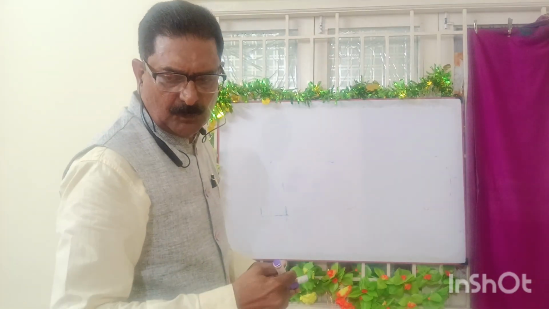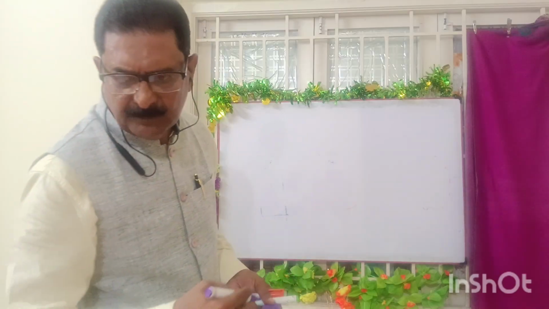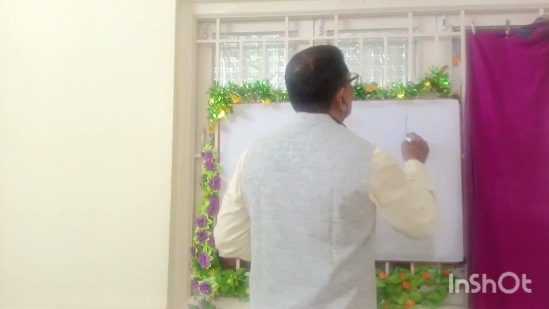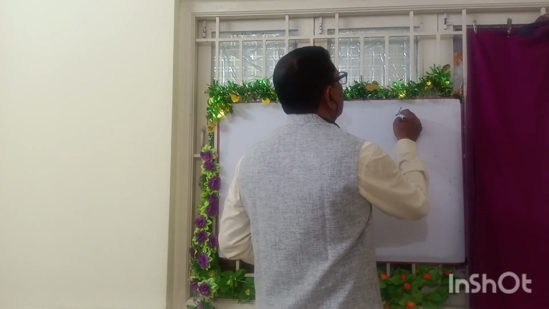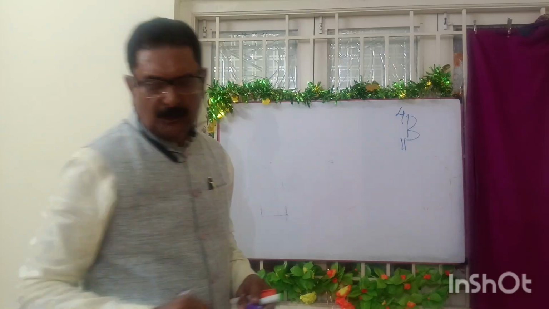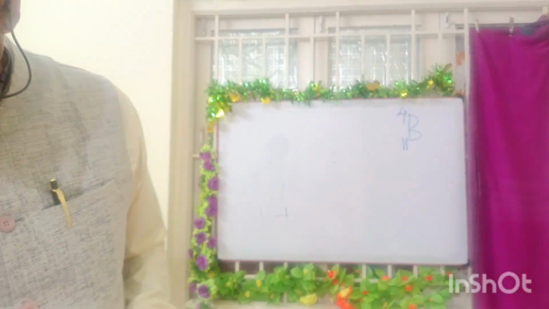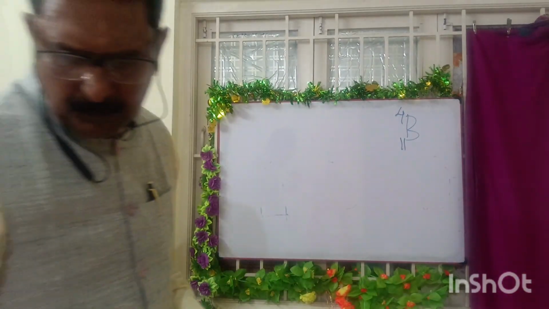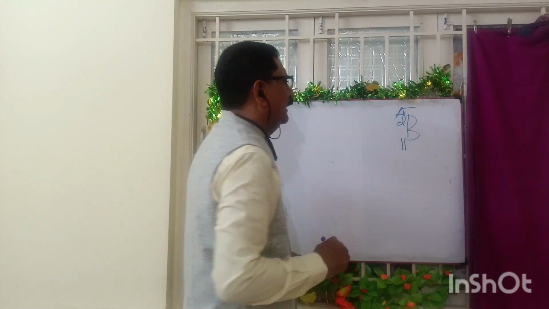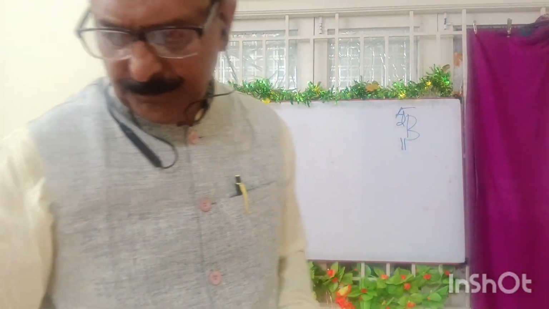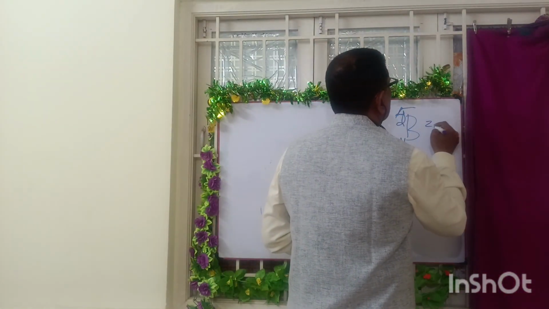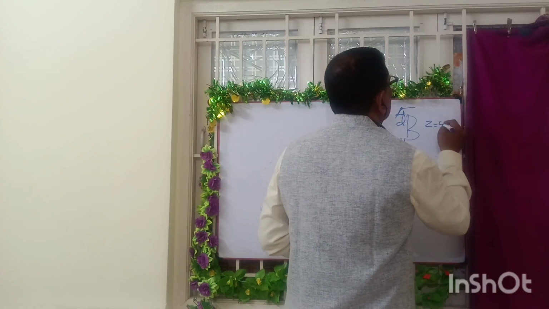Let us take the example of boron, which has atomic number 5 and atomic mass 11. So, Z is equal to 5.